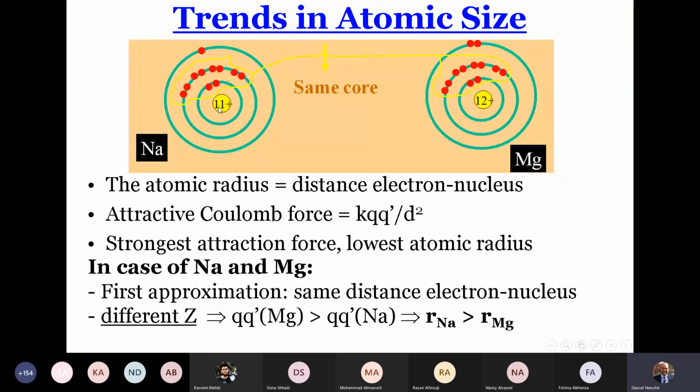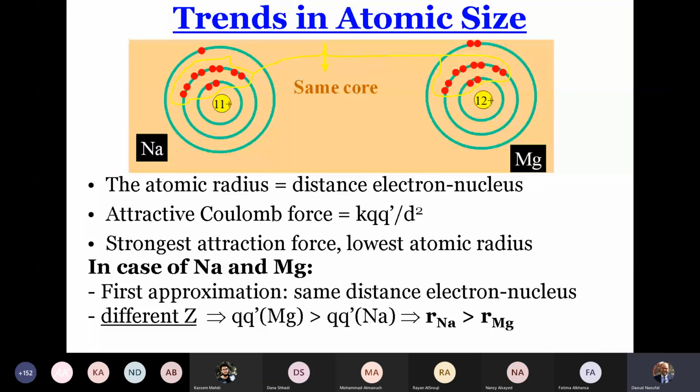In sodium, I have 11 times 1 equal 11. In magnesium, I have 12 times 2 equal 24. So the attraction in magnesium is greater than the attraction in sodium. Therefore, the radius of sodium is greater than the radius of magnesium.